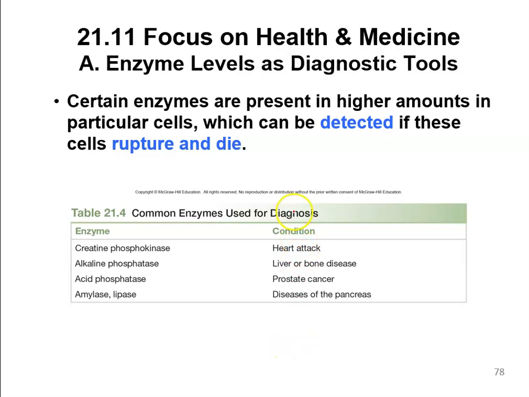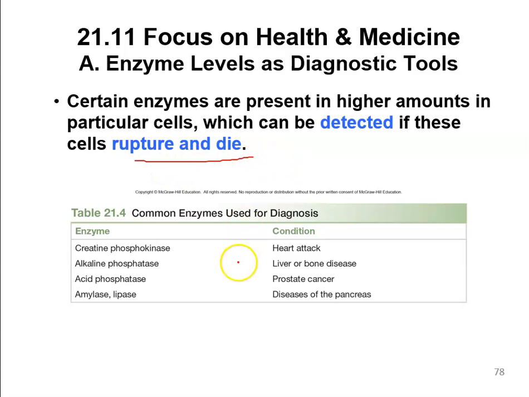Okay. Enzyme levels. Here are tests. A lot of you are going to be nurses or in healthcare, and knowing what these enzymes do tells you something about a condition inside the body. Certain enzymes are present in high amounts in particular cells, which can be detected if these cells rupture or die.